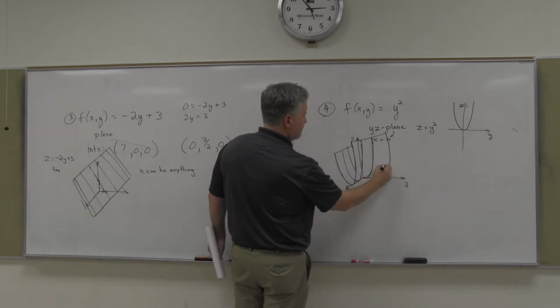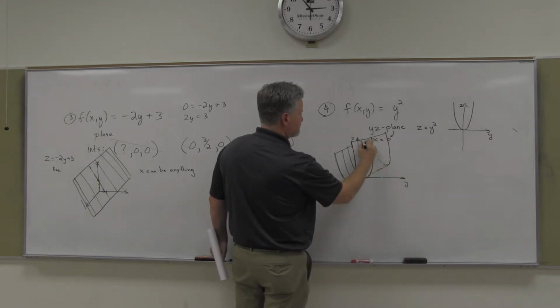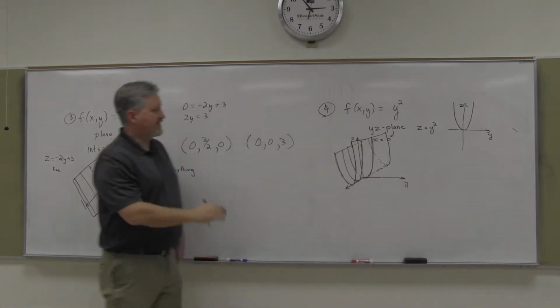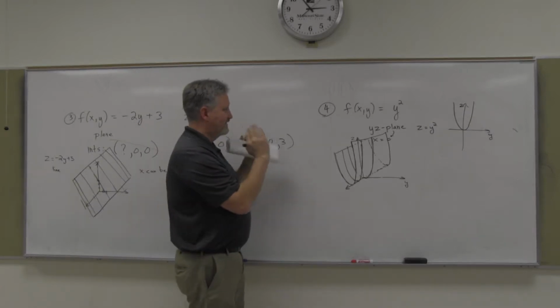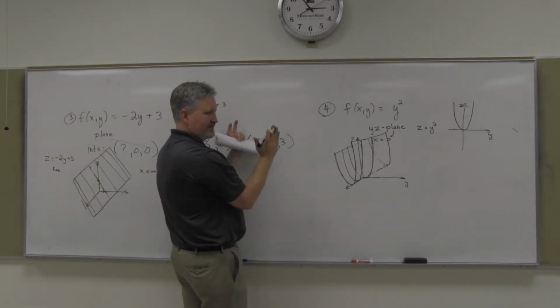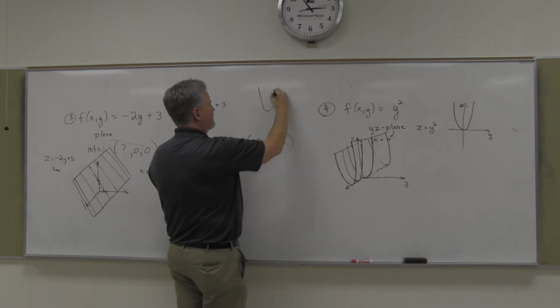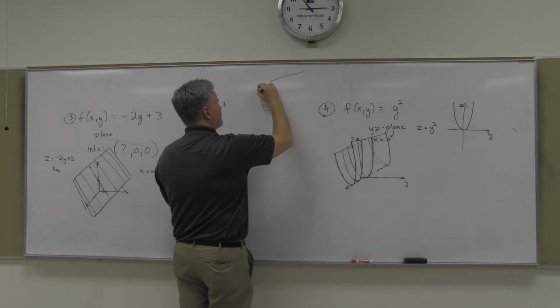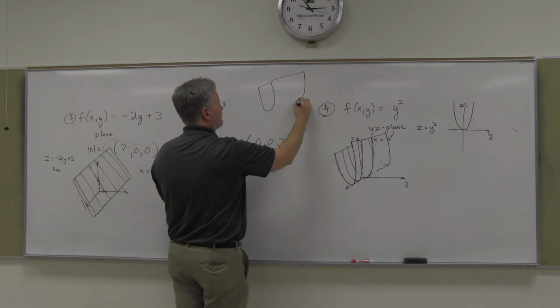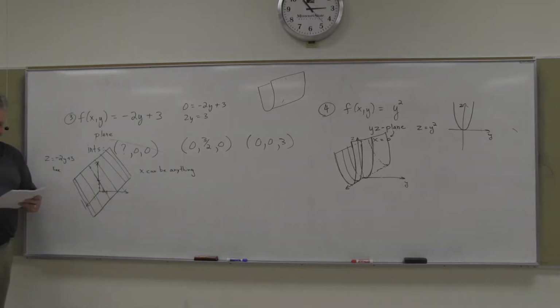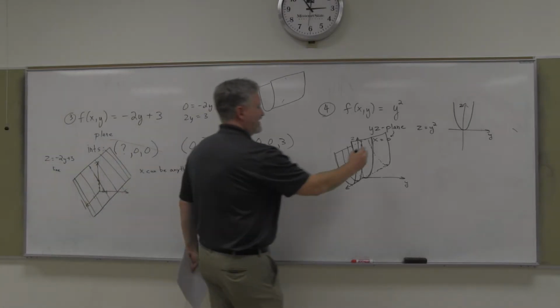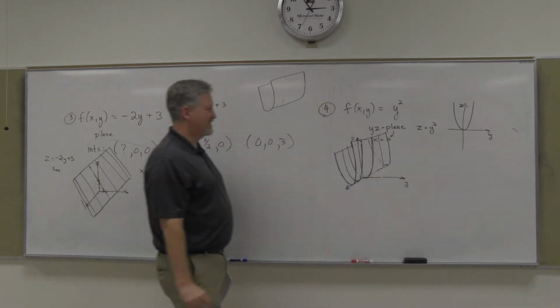So each, you kind of get this sheet bent around in a parabola shape, right? Where the cross section is a parabola. It gets fun to draw, so do your best.